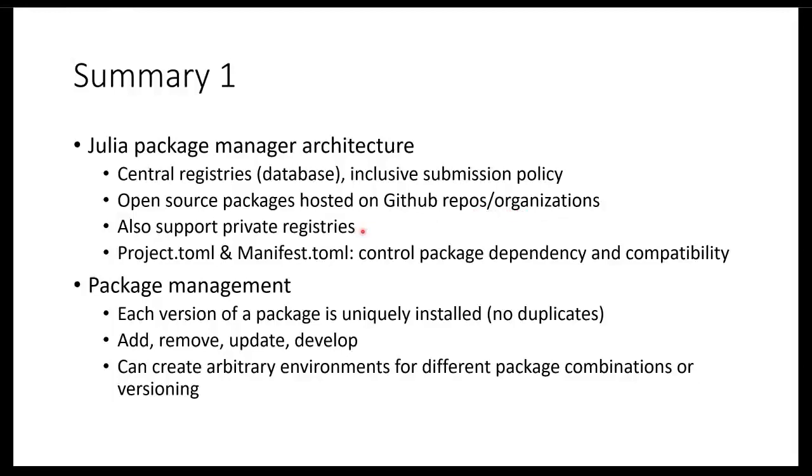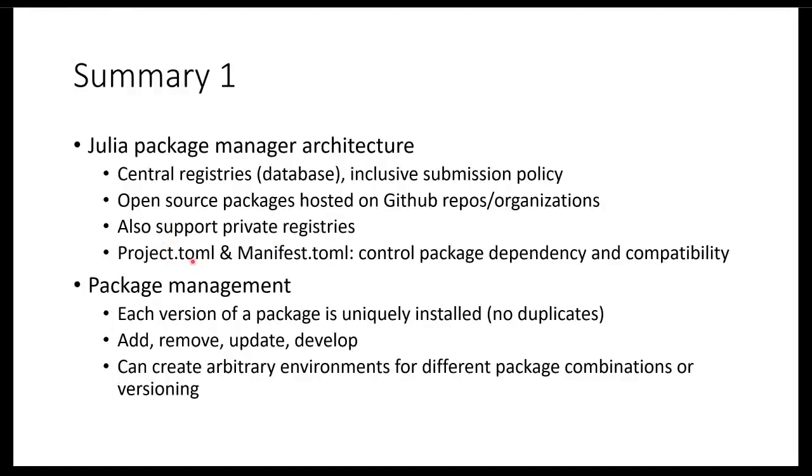And one thing I didn't talk about is that you can also set up a private registry. The central registry, the General registry, is an open source public one on GitHub, but it is also possible to set up your private registries.